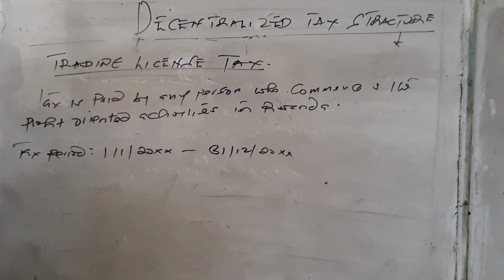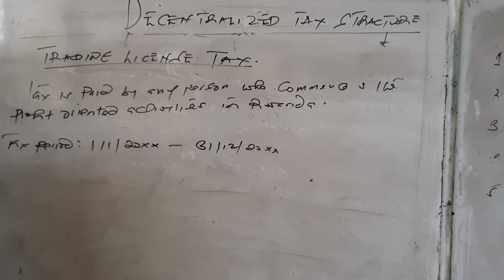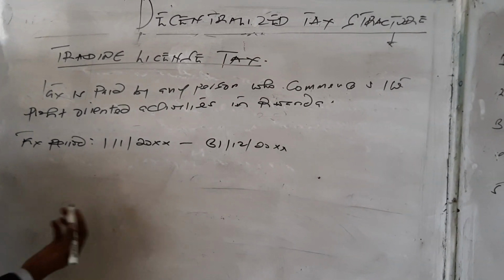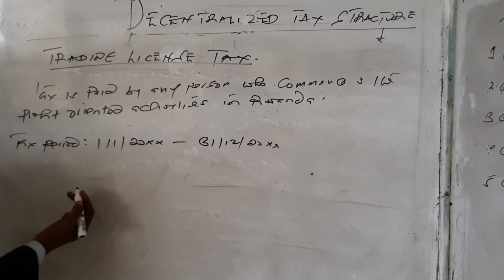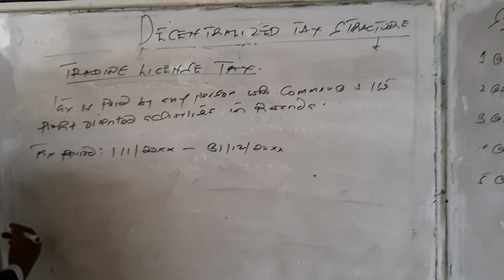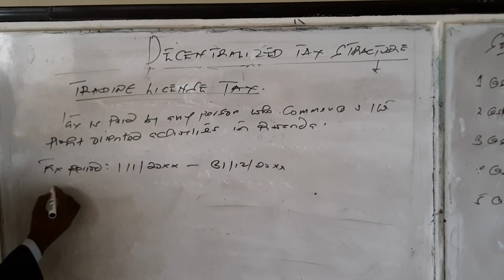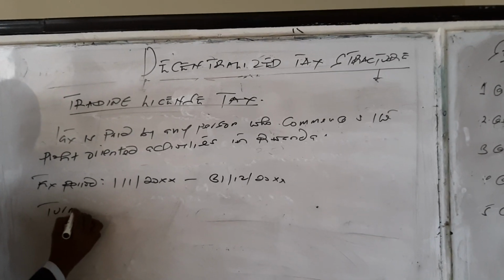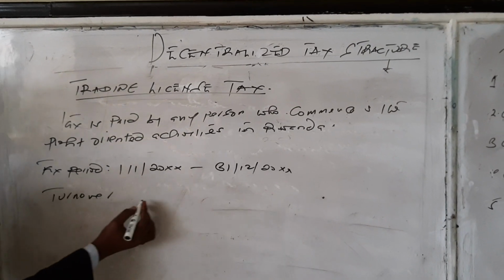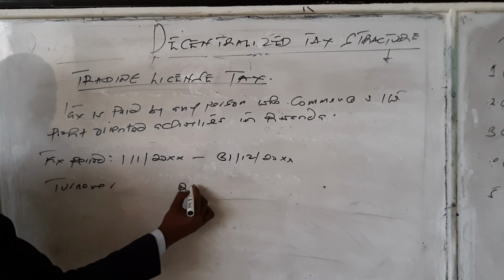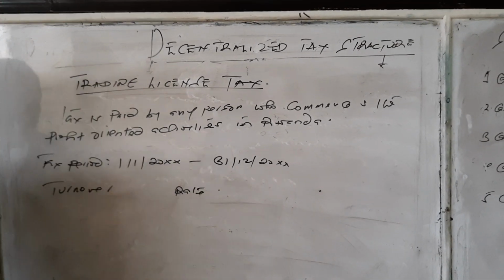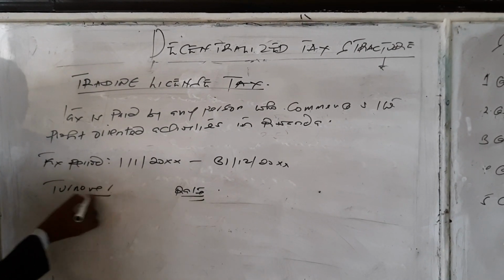Another thing is the tax rate of VAT registered taxpayers, which are paid in terms of turnovers. So we need to know the turnover and the rate being paid.